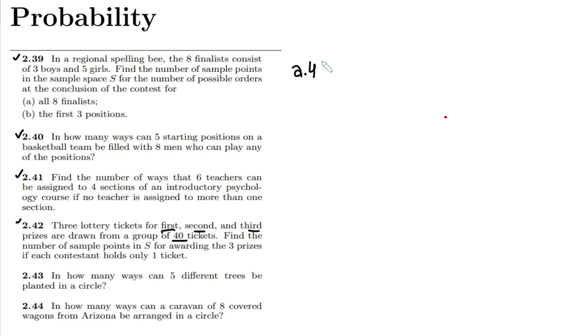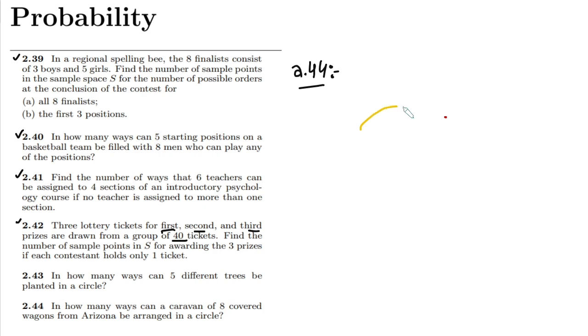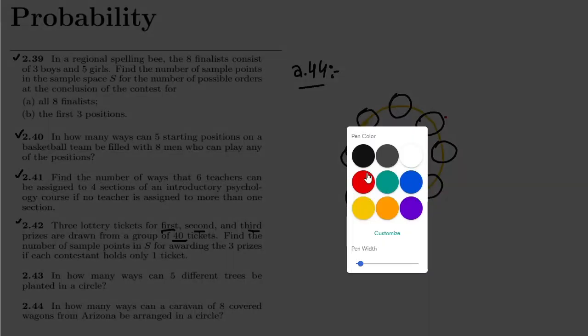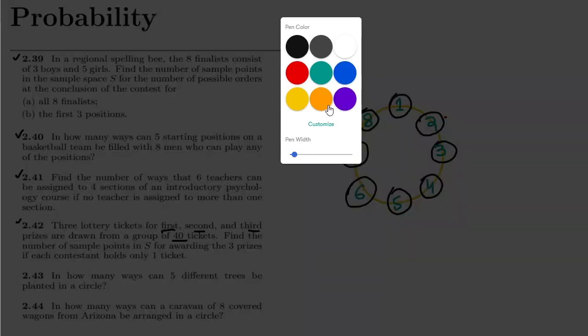Let me have the hypothetical circle here as well, and here we have 1, 2, 3, 4, 5, 6, 7 and 8. So we have 8 options: first, second, third, fourth, fifth, sixth, seventh and eighth. Now again following the same procedure here.